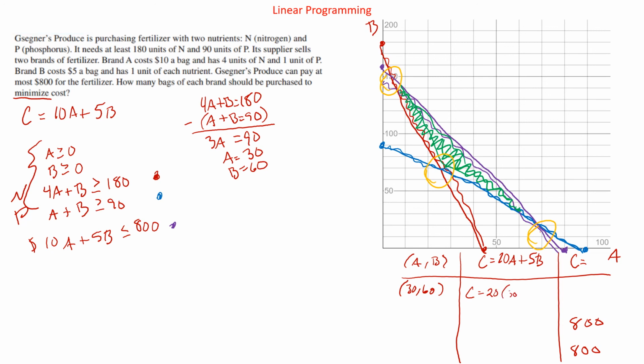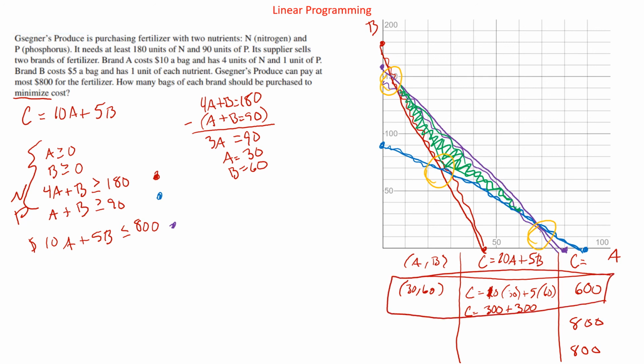Nope, 10 times 30. Ooh, that would have come out bigger than 800 probably. 5 times 60. So 10 times 30 is 300, plus 5 times 60 is another 300. And so that gives us 600, which we're trying to minimize.